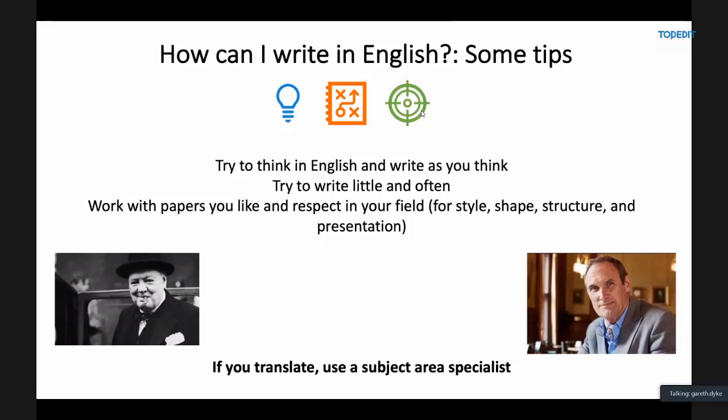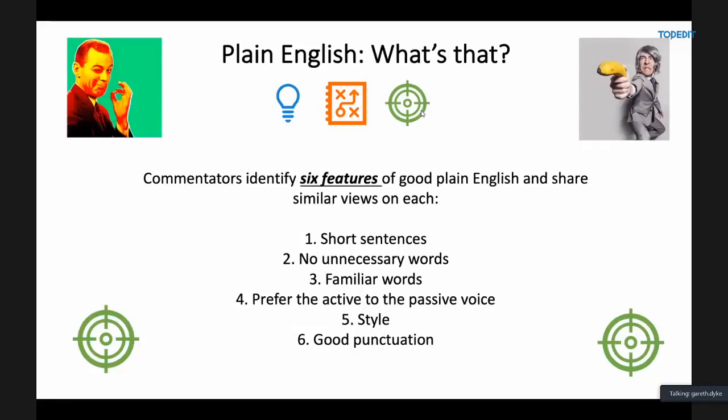Academic writing can be so specific to particular subject areas, the way that words are used, the way that structures are put together. So if you need to translate, please use a subject area specialist.